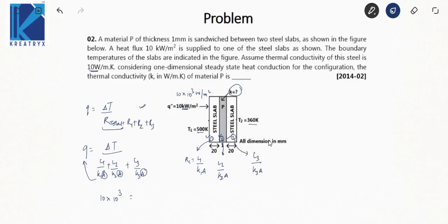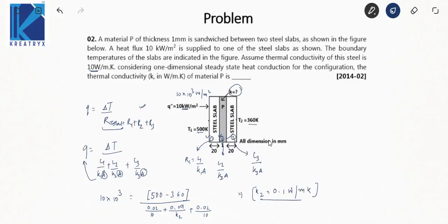Delta T has been given as 500 minus 360, upon L1, which is 0.02, upon K1, which is 10, plus 0.001 upon K2, which we have to find out, plus again 0.02 upon K3. K3 is again 10. Solving this, you will get K2 is equal to 0.1 watt per meter Kelvin.